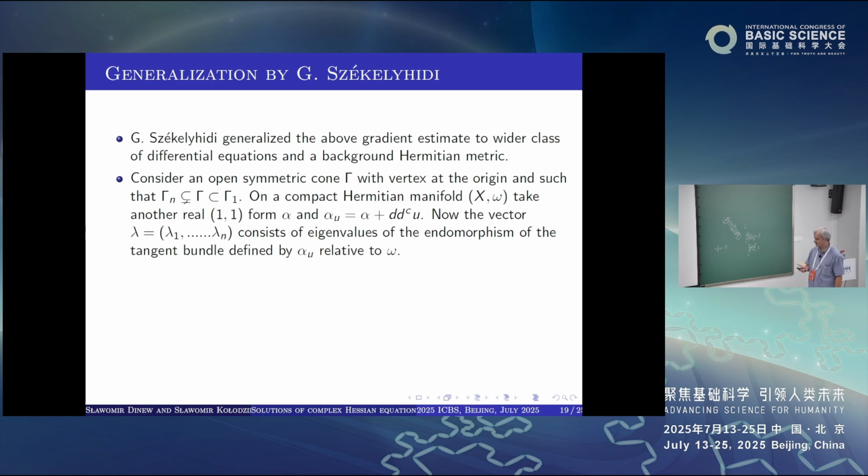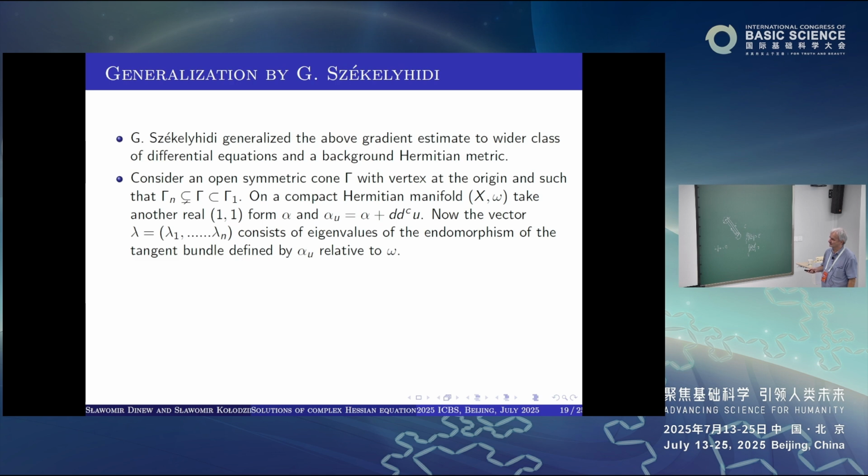We consider an open symmetric cone gamma, which contains gamma_n, so it contains all positive eigenvalues, and is contained in gamma_1. We now consider a Hermitian manifold with fundamental form omega, and some other real (1,1)-form alpha.